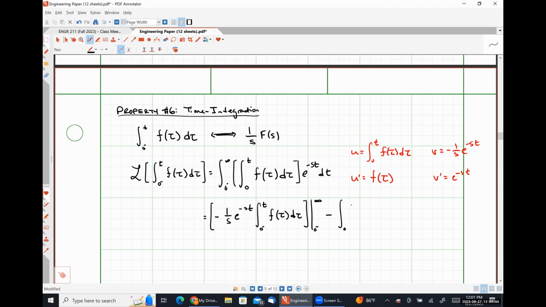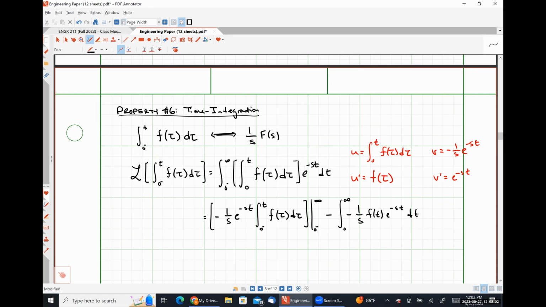So this is going to be the integral from 0 to infinity of negative 1 over s f of t e to the negative st dt. All right.